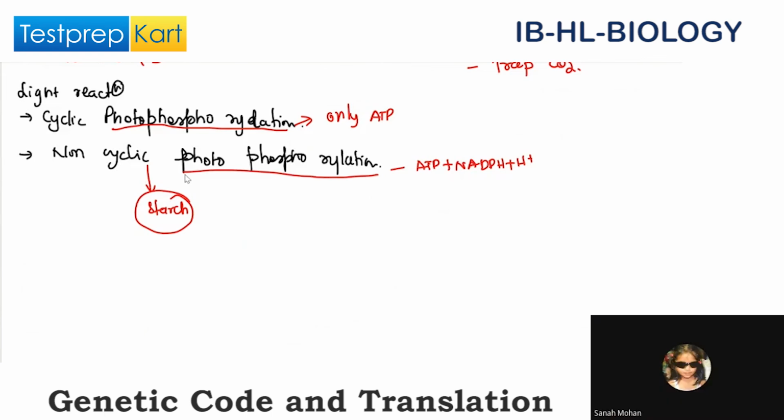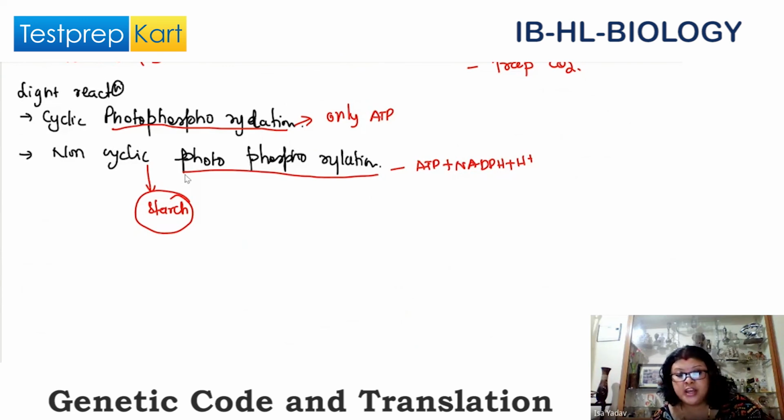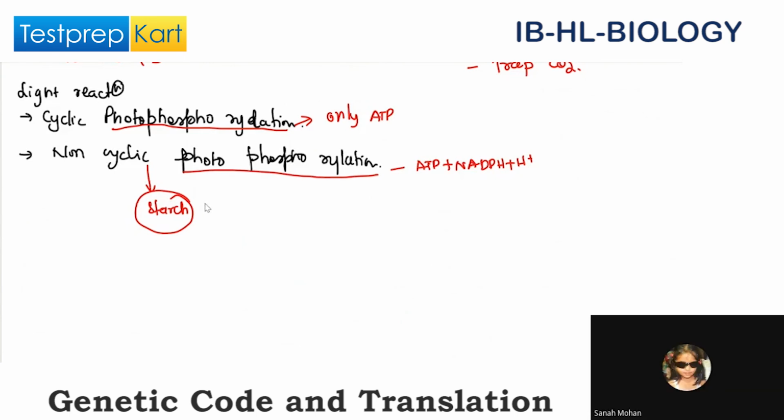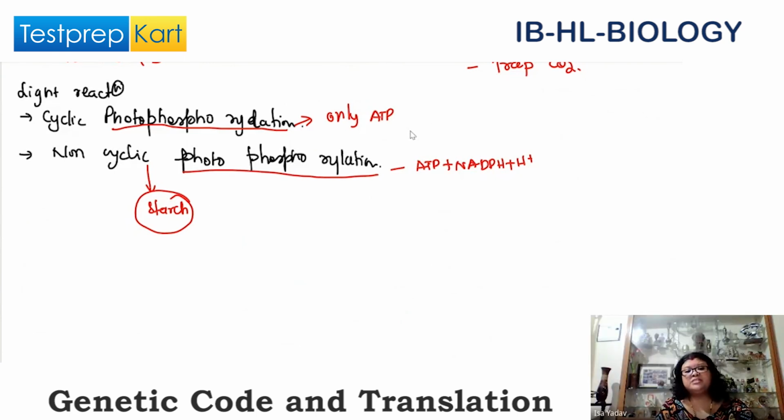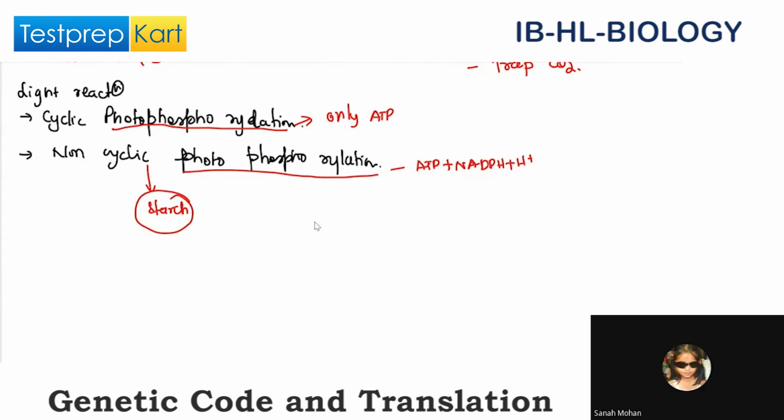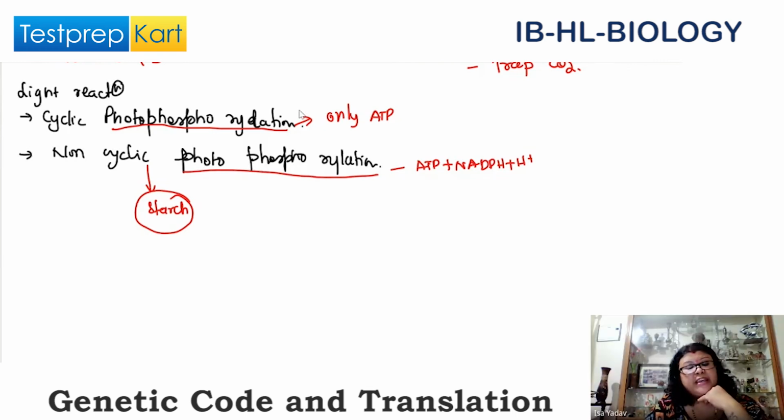Clear. Understood, Sana? Any doubt? No. Okay. Read the sentence, cyclic and non-cyclic. Cyclic photophosphorylation produces what? Only ATP. Yes or no?